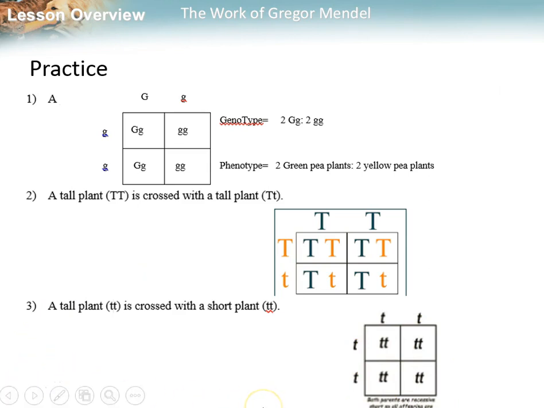I would like you to please finish pages 1 through 4 in your SpongeBob packet. We're just going to do pages 1 through 4. Okay, so pages 1 through 4 in your SpongeBob packet, and then you're done for the day. We are going to review this.